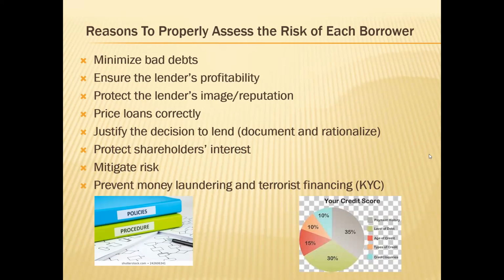So you'll document and rationalize the reason for your decision, particularly if you're looking at approving a loan that falls outside some of your established guidelines. You want to protect the shareholders' interest. That is the various owners of the bank, whether it's an international body or local shareholders, or a combination of international owners and local shareholders. You want to mitigate risk, and you want to prevent money laundering and terrorist financing.